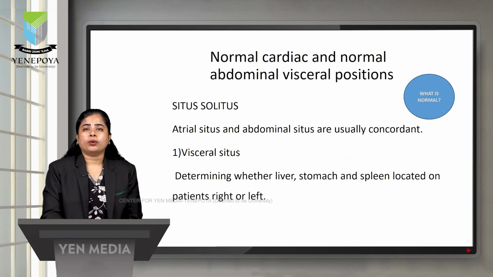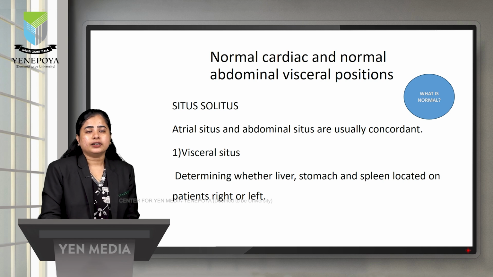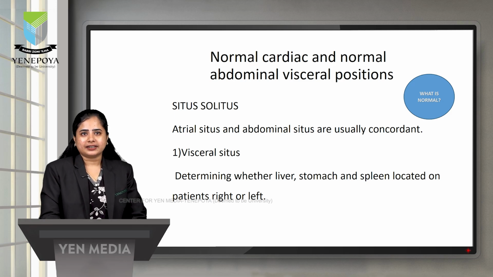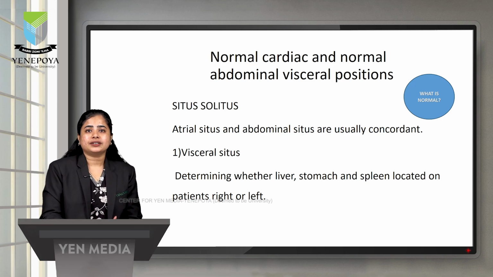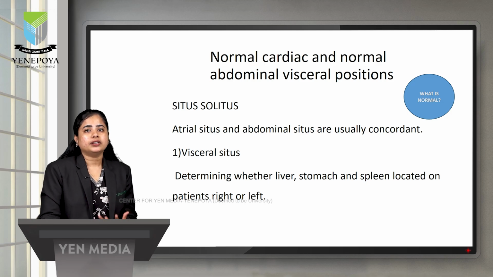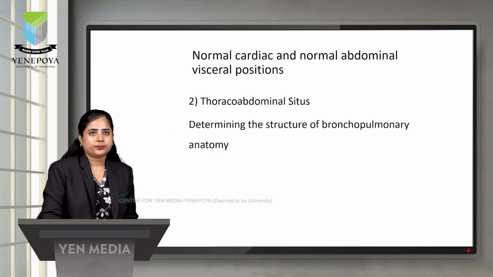So going to the abnormal cardiac position, we should know what is normal. Situs solitus, we will see atrial situs and the abdominal situs. So coming to the visceral situs, we should know the normal location of the liver, stomach, spleen in our body.